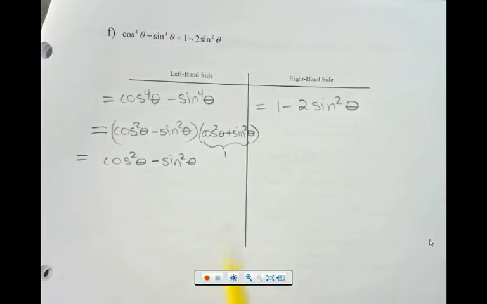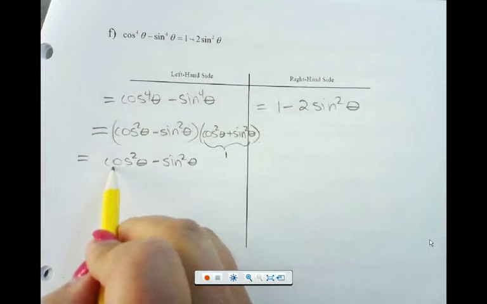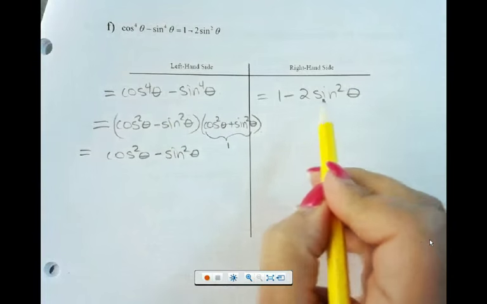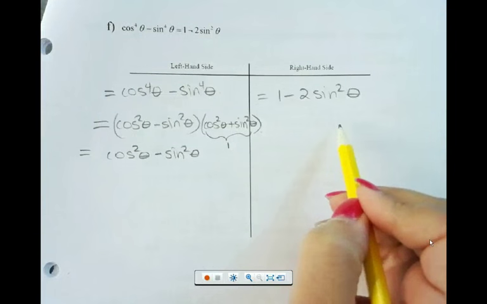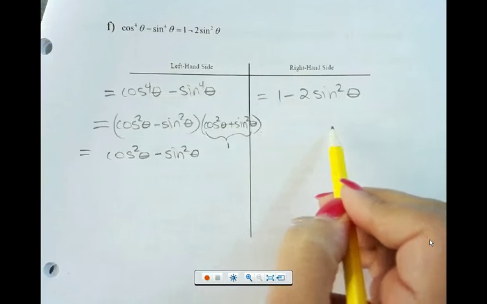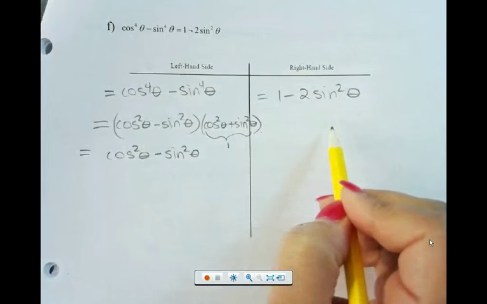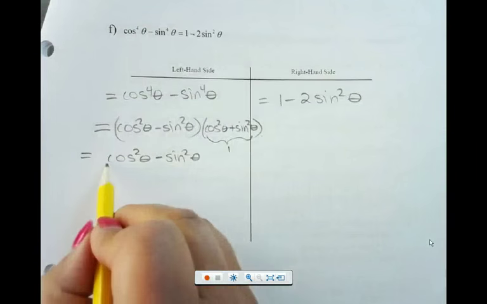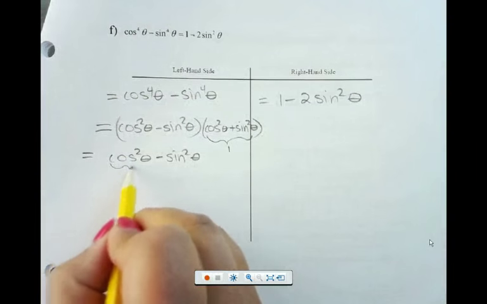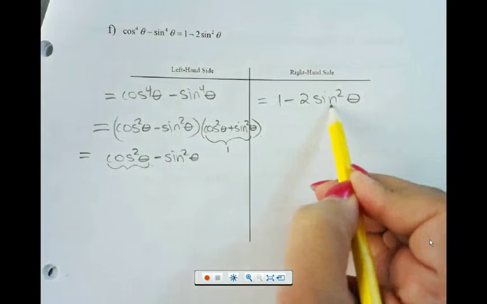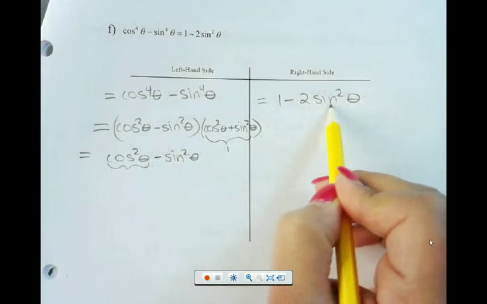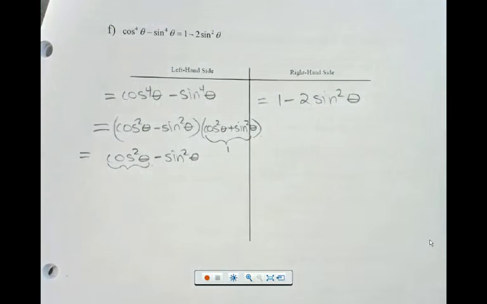I need to somehow make this look more like this. Any ideas of what I can replace? How can I rewrite cos squared theta? I want to keep it in terms of sine because my right-hand side is sine, so change the other guy, which in this case is cos.